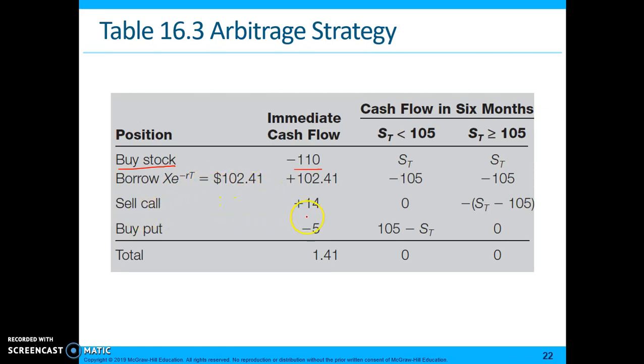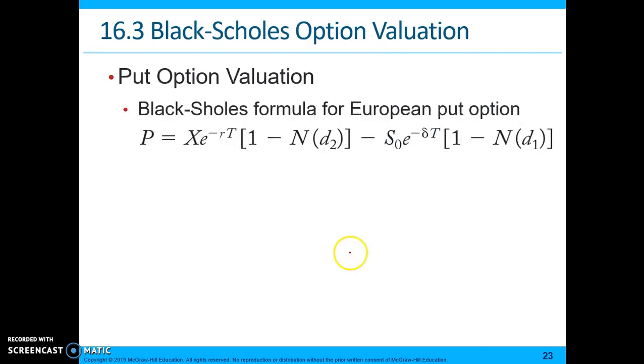We sell the call. In this case, you get $14 for the call, and you buy the put and you pay $5. So as a result, you net out $1.41. Again, this is an arbitrage example, not a real world example, but is a potential example that might occur if put call parity did not hold.